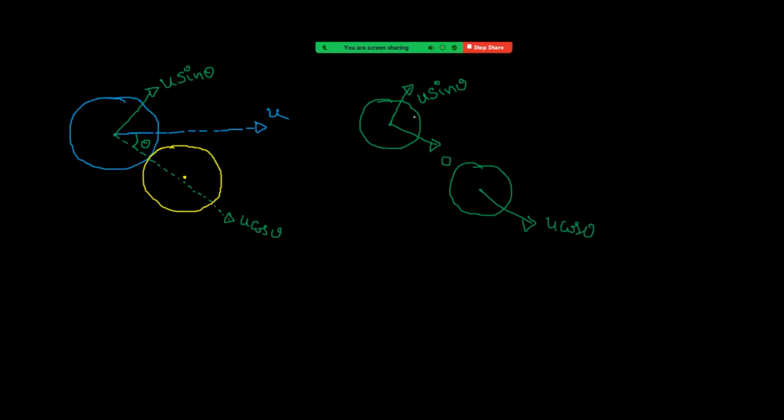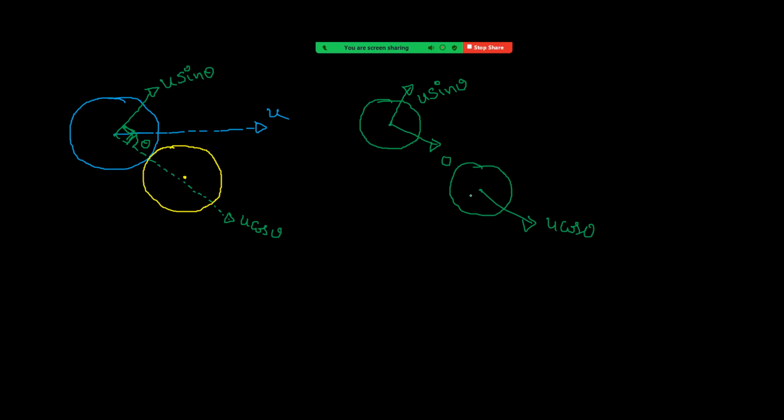So now we can say directly u sin theta and u cos theta. These two are mutually perpendicular, right? This angle is 90 degrees because we have taken components along the line joining the centers and normal to it. Keep this result in mind.